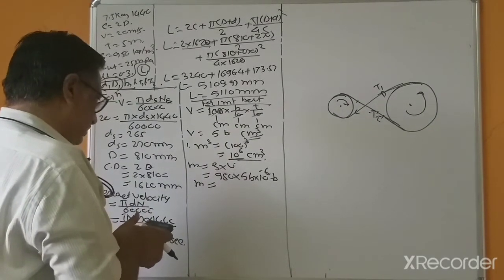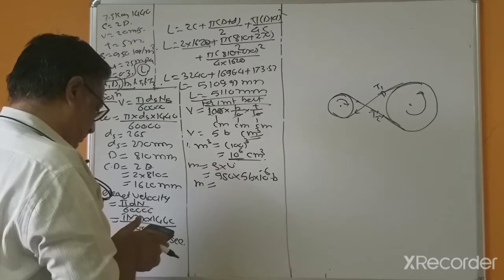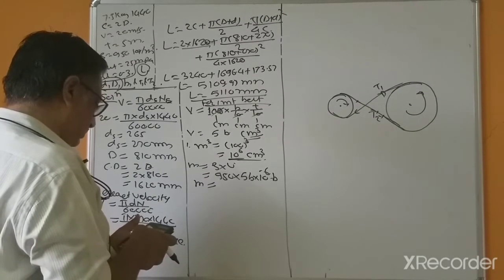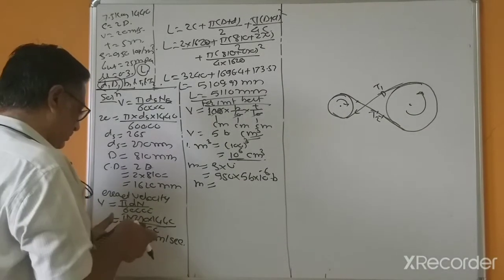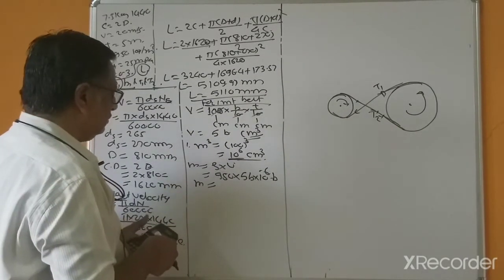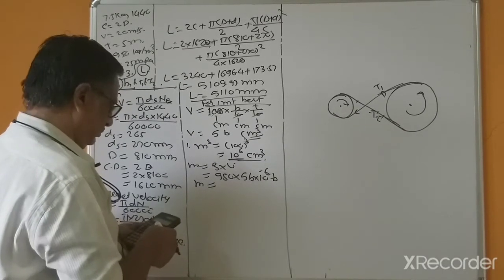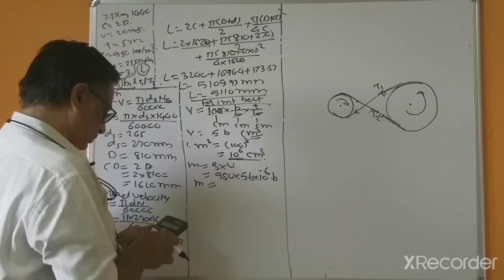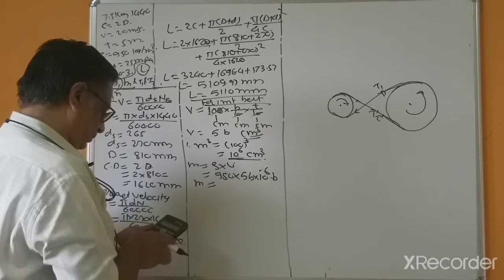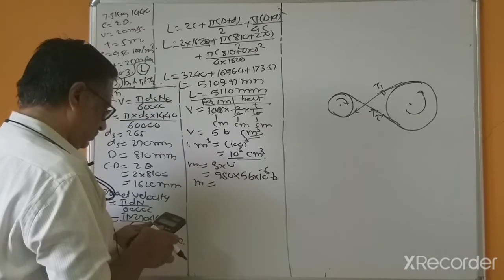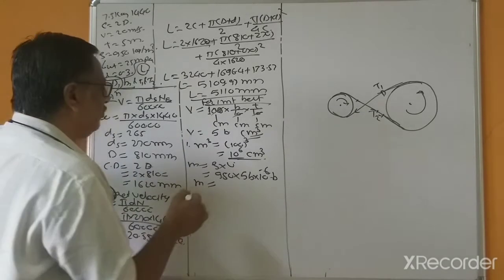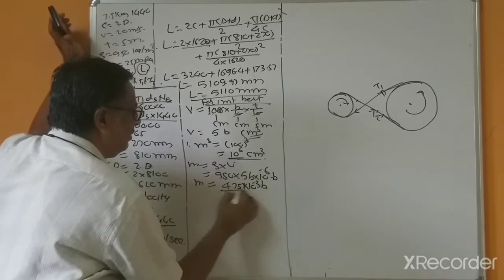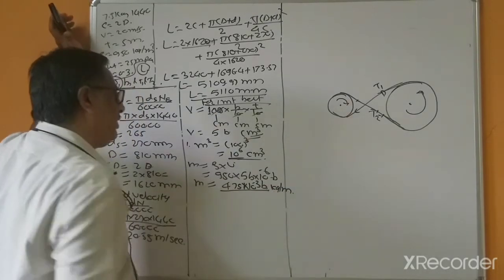950... 4.75 into 10 to the power minus 3 B. This is kg per meter.